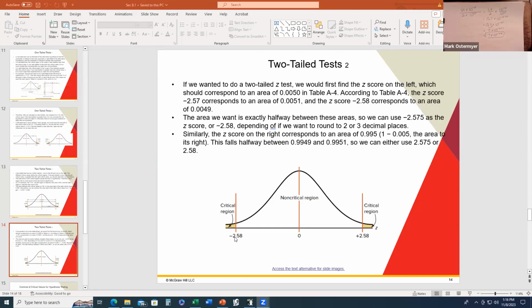And this is just showing you how we got the 2.58 for the critical z-values if you're conducting a two-tailed test at a 1% level of significance.